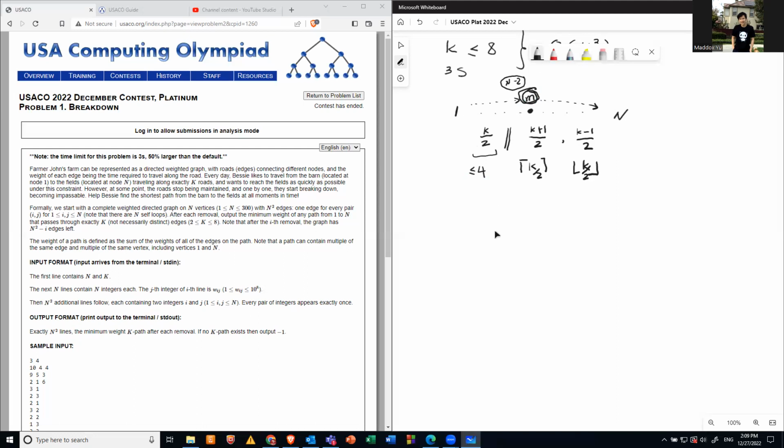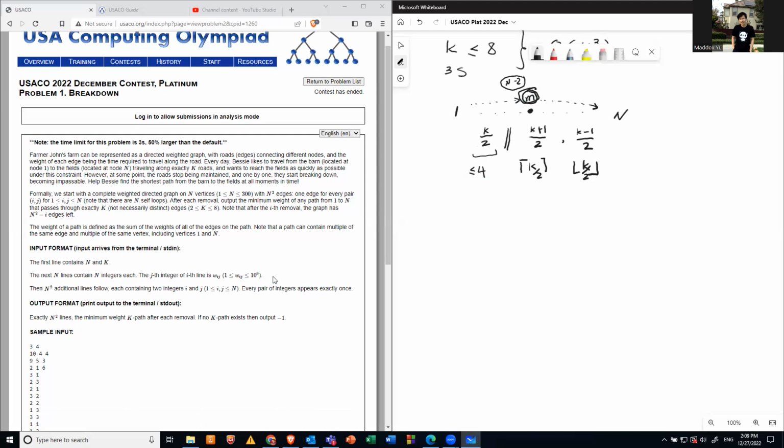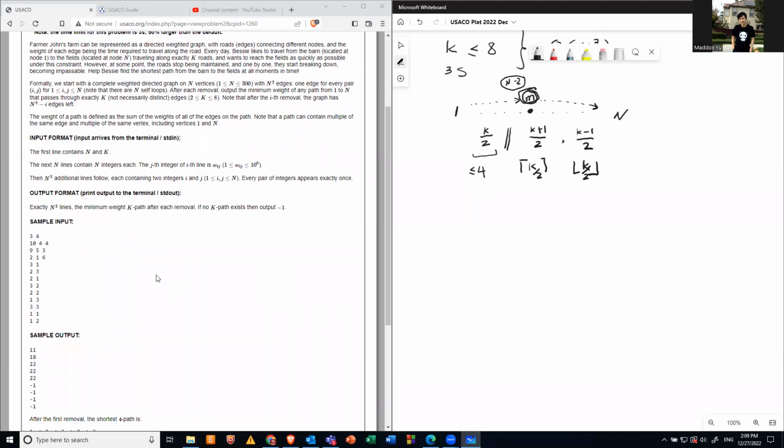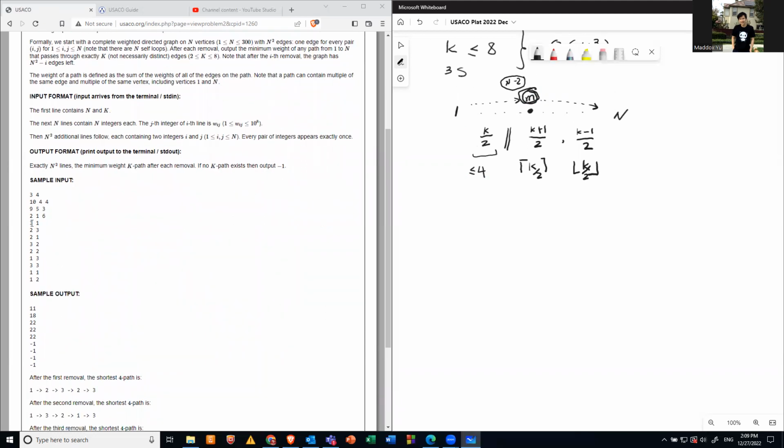Here's a trick. If I want to simplify the problem, I can start from the whole graph, then every time I remove one edge. But it's much easier if I start from the reverse. Initially I have no path, no edge. Then add this edge, and I can very easily figure out the shortest distance. Then I can add another edge, and another edge.